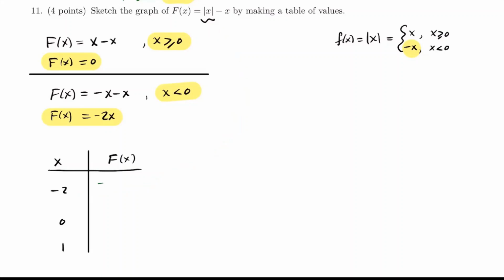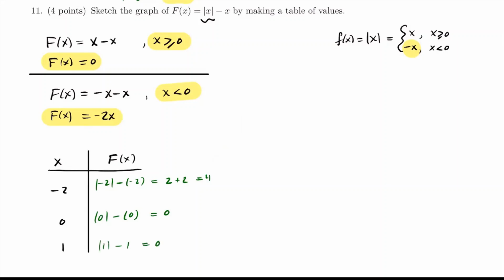So you have absolute value of negative 2 minus negative 2. This would give you 2 plus 2, which is 4. And then when you plug in 0, you have absolute value of 0 minus 0. That would be 0. And then when you plug in 1, you get absolute value of 1 minus 1.